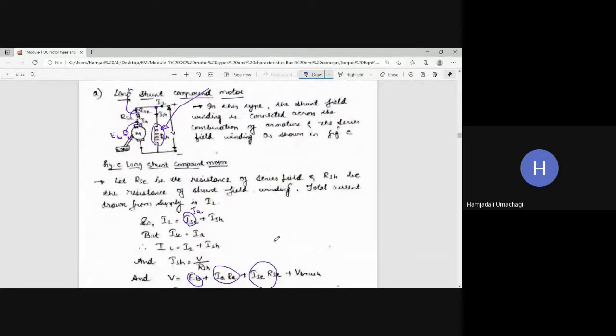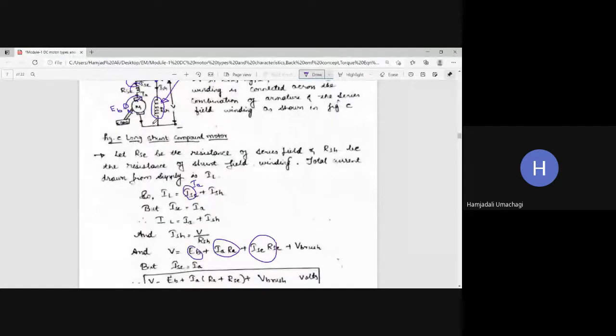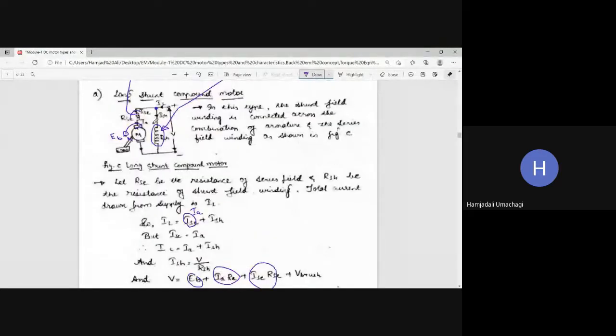We are applying it for only one loop because the shunt field is connected in parallel. Then if there is a certain brush drop, you can represent it as V brush.